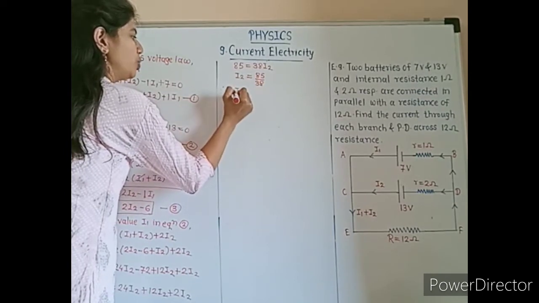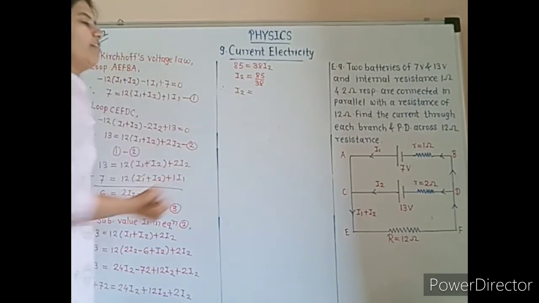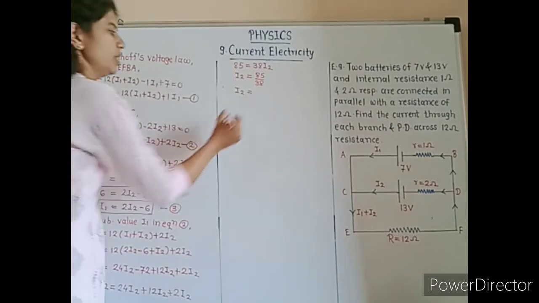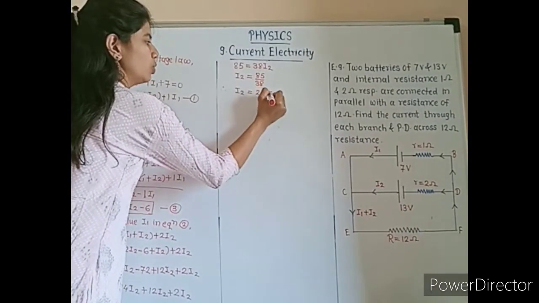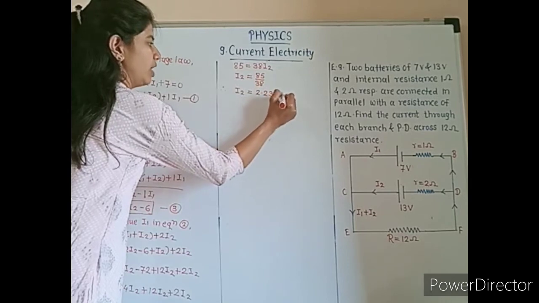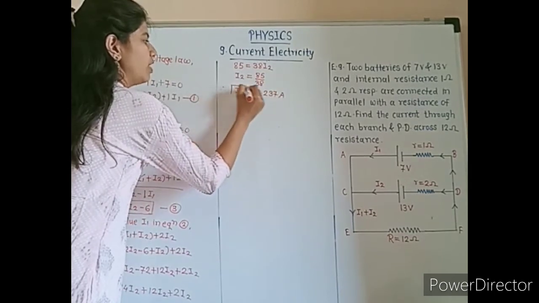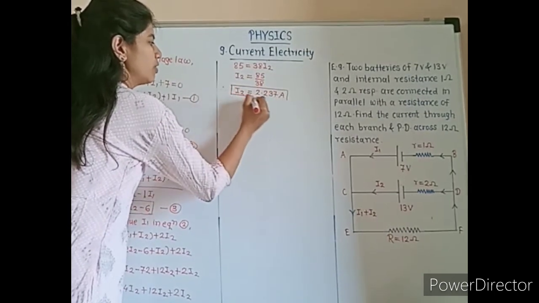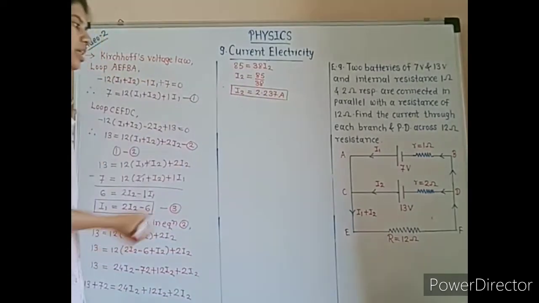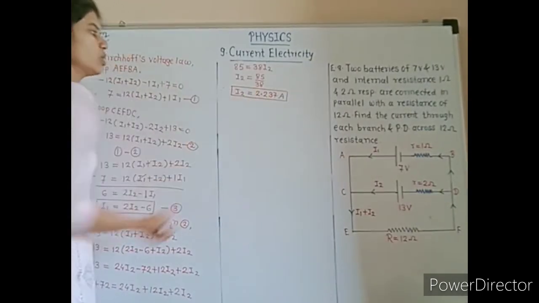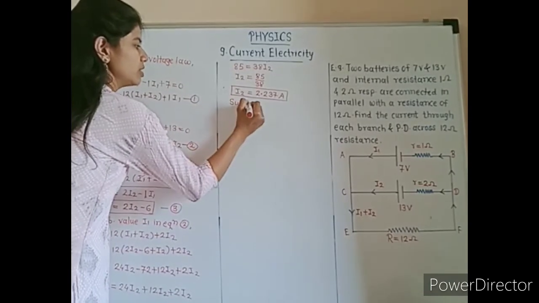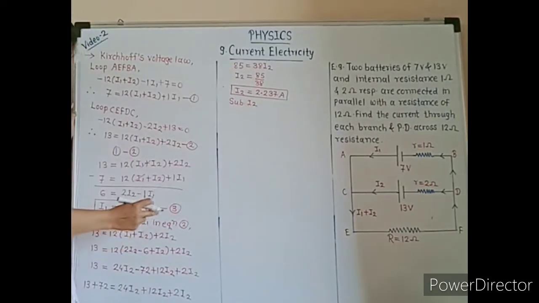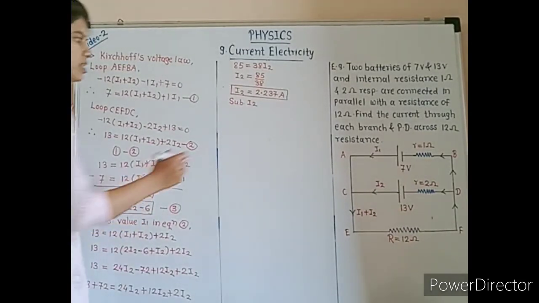Hence I2 is equal to 85 divided by 38, that is about 2.237 ampere. So the value of current I2 is 2.237. Now substitute this value of I2 in equation number 3. What is equation number 3? I1 is equal to 2I2 minus 6.